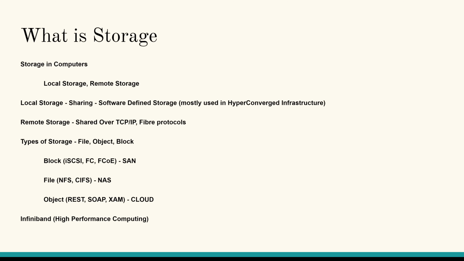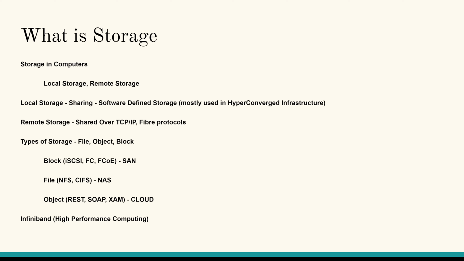But in this slide, I also talked about the remote storage for reference only. The remote storage can be connected to a computer using either TCP/IP, which is otherwise called iSCSI, or the fiber channel protocols. The SAN switches or Ethernet switches sit between the remote storage and the computer which consumes the storage.